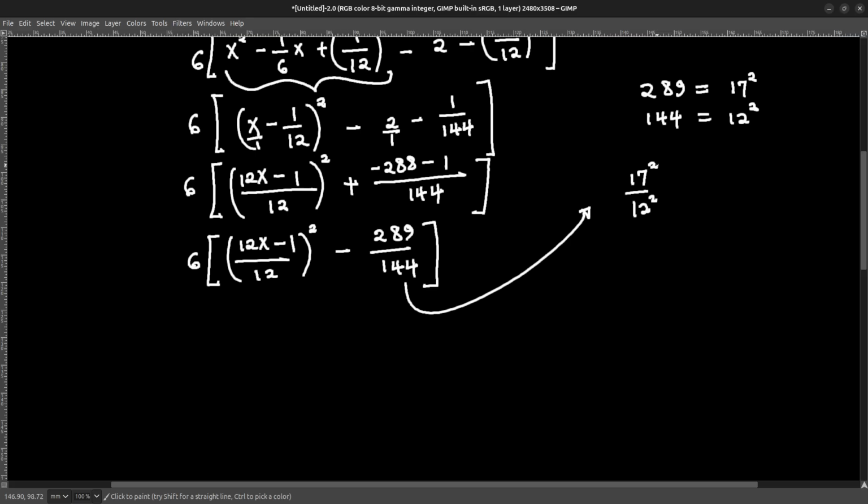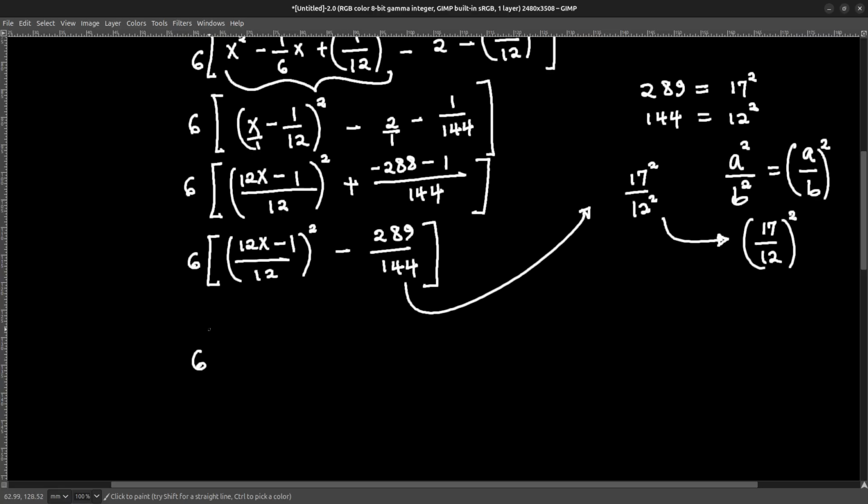But then remember, anytime you have an expression like a squared over b squared, this is the same as taking a over b and then all of that squared. So this means that the 17 squared over 12 squared is the same as 17 over 12, all of that squared.